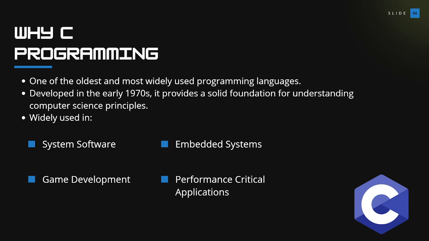If you're someone who likes to play games, C is the programming language of choice for most game developers out there. And when it comes to performance critical applications where speed and resource management are crucial, such as databases and high frequency trading platforms, C is often the language of choice.